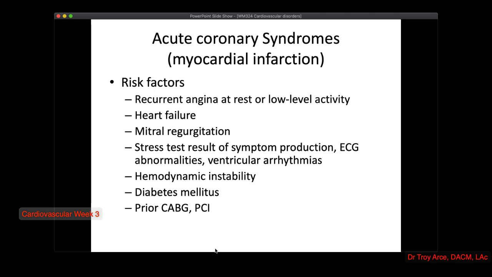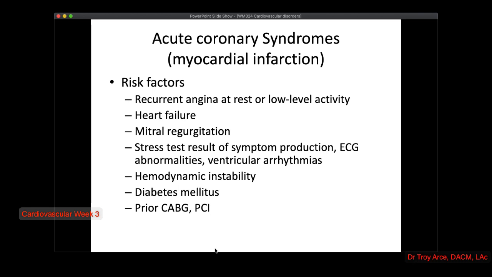if he had a PCI, which is a percutaneous coronary intervention, a non-surgical procedure used to treat the narrowing of the coronary arteries of the heart found in coronary artery disease. That process involves combining coronary angioplasty with stenting, which I'll show you a picture of here. They insert a permanent wire mesh tube, which is either drug-eluting or composed of bare metal.